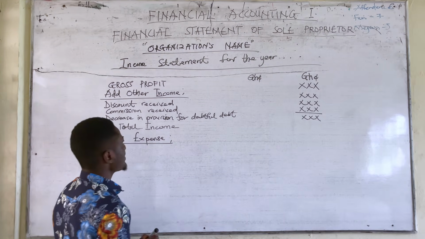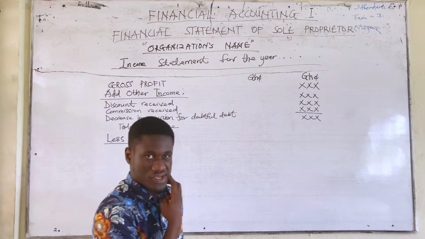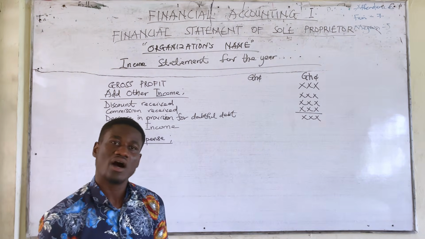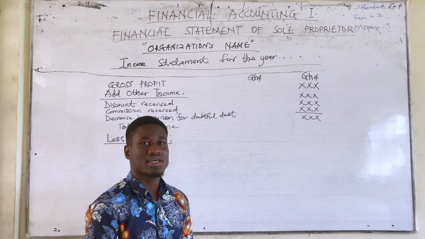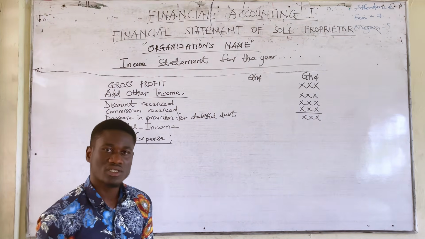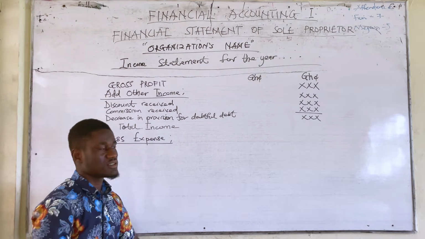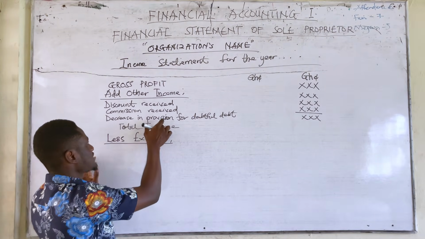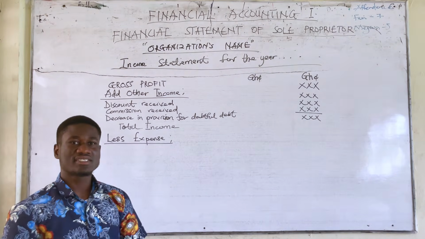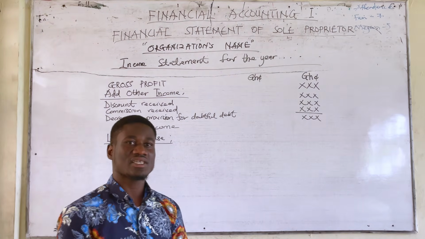Okay. The expenses too can be numerous. Okay, you can have discount allowed, you can have rent, advertisement, wages and salaries, depreciation. Good. You can also have increase in provision. So it's just like this one, where there was a decrease. You checked for the new amount, it has decreased.